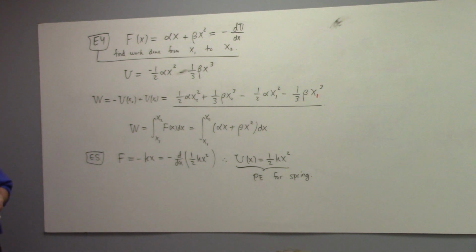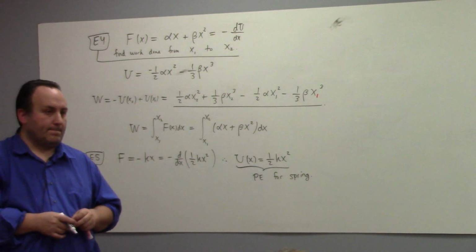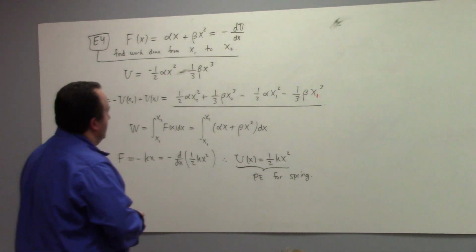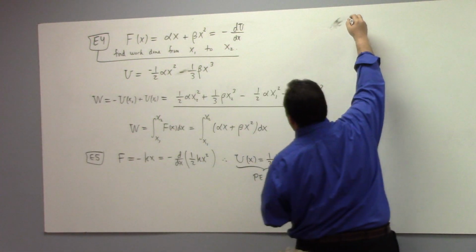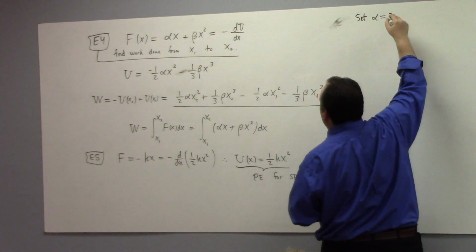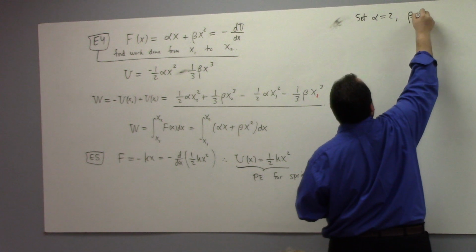Let me ask you a more interesting question. Can you analyze the motion for the force in example 4? Let me set alpha equals 2, and let me set beta equals 3.